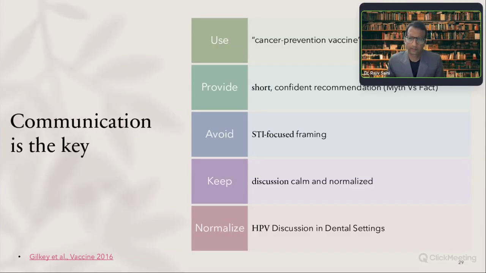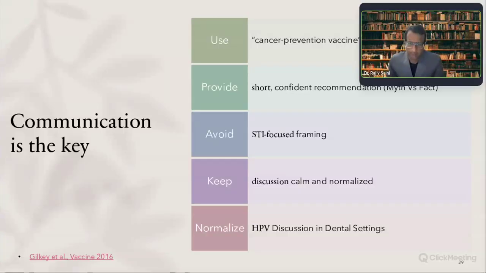When we are talking to parents, or to young patients who are under 18 with their legal guardians, always try to avoid mentioning sexually transmitted infections, because we don't want to involve any stigma when talking with a parent or responsible guardian.